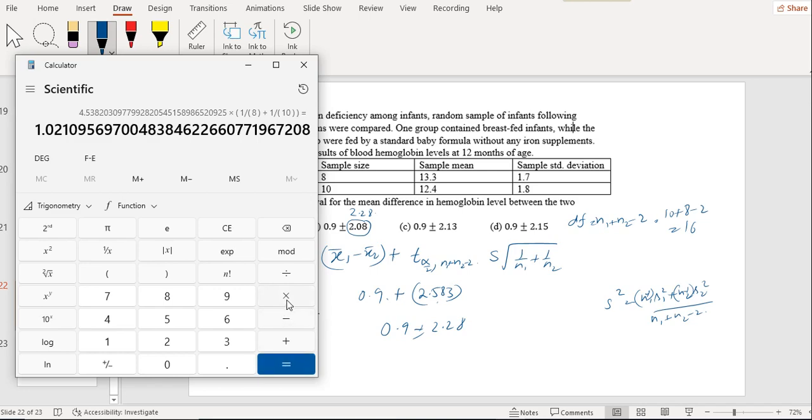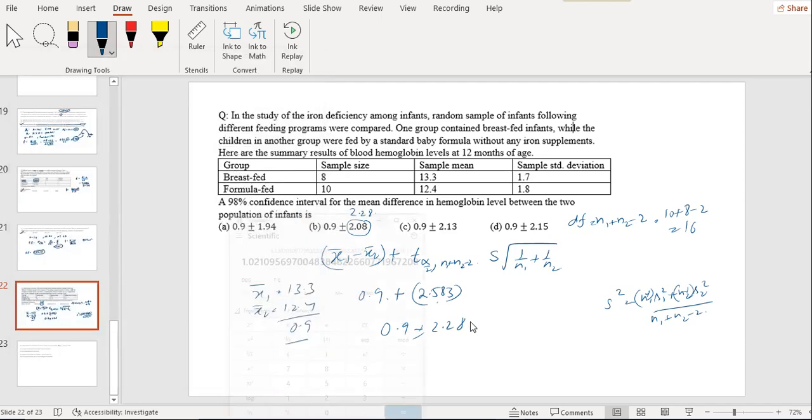Okay, it means that there is a problem in the printing only, so it should be 2.28.